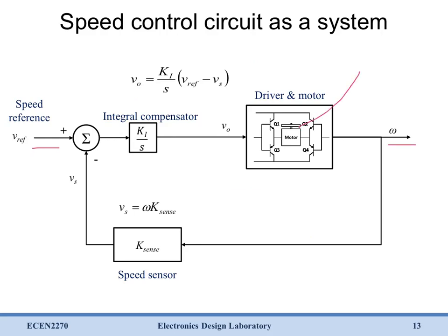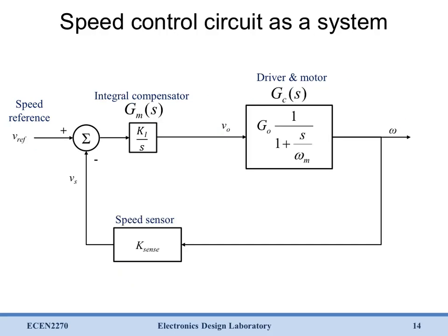Now what exactly goes inside of this block? Well, we can look back at our motor equations relating VDC of our motor to omega on the output, and we can derive a transfer function for our motor which relates VO to omega. And if we just do that, we end up with a transfer function seen here. We have a single pole on the bottom at some frequency determined by our motor parameters. We have some gain term out in front, and we'll simply call this transfer function GC of S, where GC of S relates omega to VO.